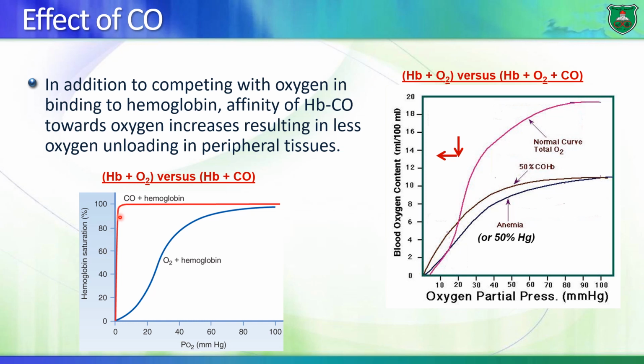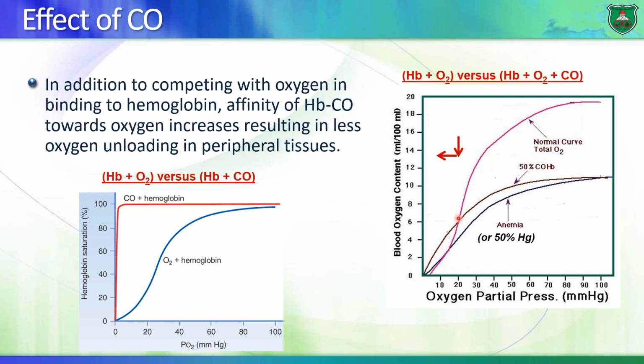You can see that carbon monoxide has much higher affinity. It also increases the affinity of hemoglobin towards oxygen. So whenever you have carbon monoxide bound, the affinity for oxygen is higher.